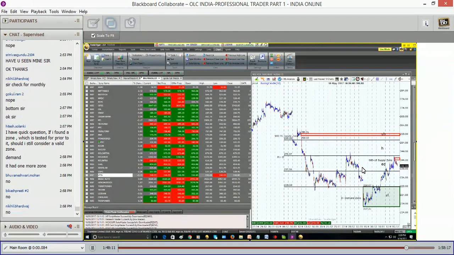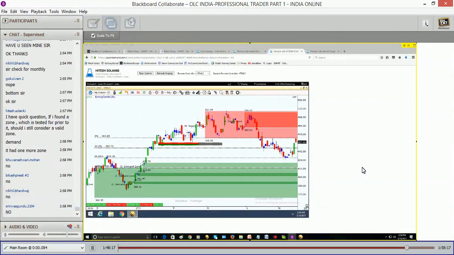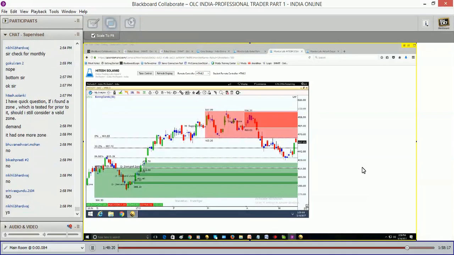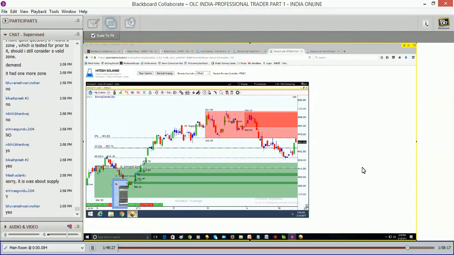No. Why is that? Okay, now you should be able to see it. Okay, now the supply zone that you have marked at 506 to 480, Hitesh, is tested. Because can you see, one, that your leg out candle is completely submerged inside your zone, which is anyway not a good sign. Second, the second leg out has come and touched your zone and then moved out.